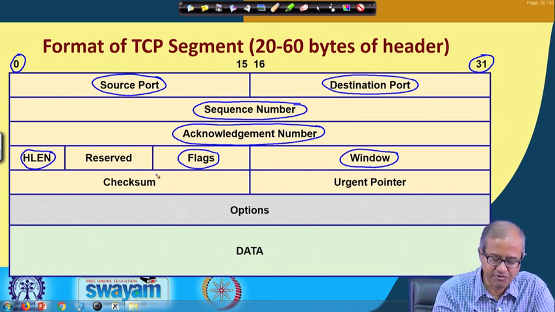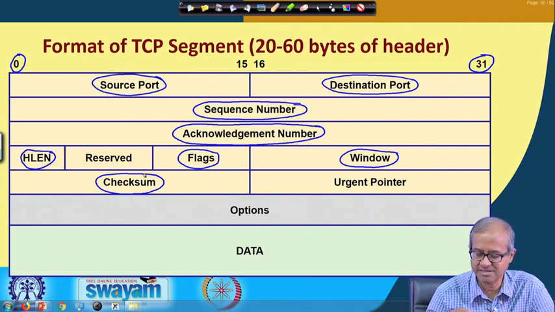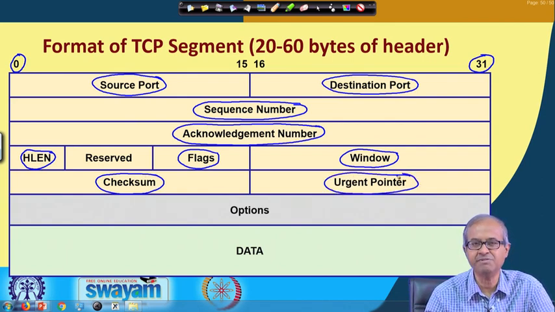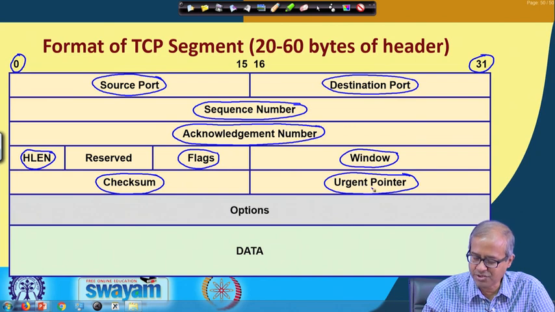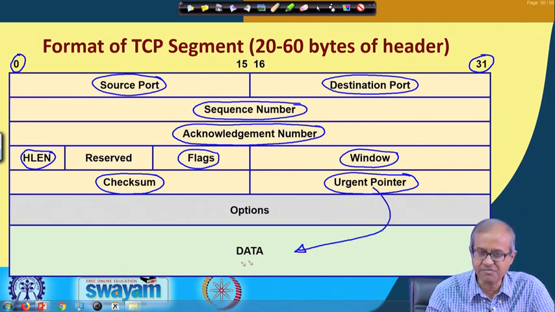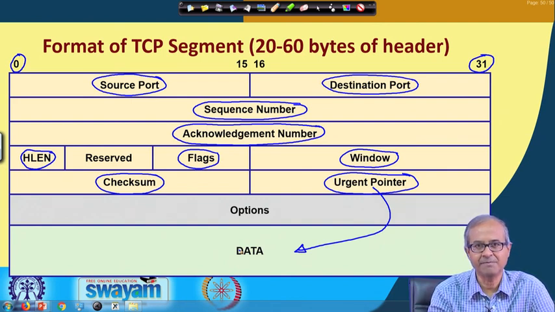And of course, there is a checksum for detecting errors, and there is an urgent pointer. Sometimes as part of the TCP packet you can send some urgent message, and urgent pointer actually points to some part of the data where that urgent message is located, okay? And some option field is also there.